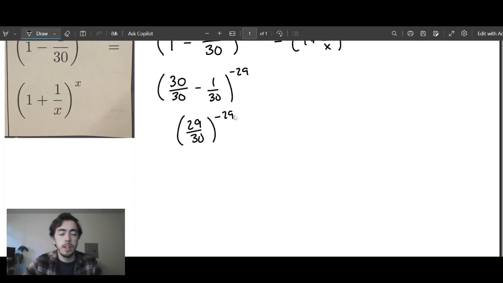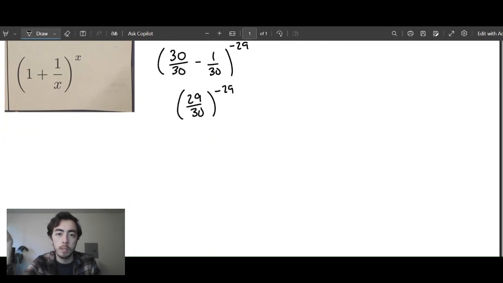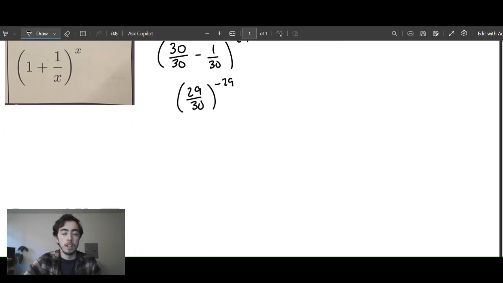And now let's deal with that negative exponent. In some sense, negative exponents mean division, and I'll show you what I mean. If you count by your powers of 2, 2 to the 1, 2 squared, 2 cubed, 2 to the 4th, that's going to be 2, 4, 8, and then 16.